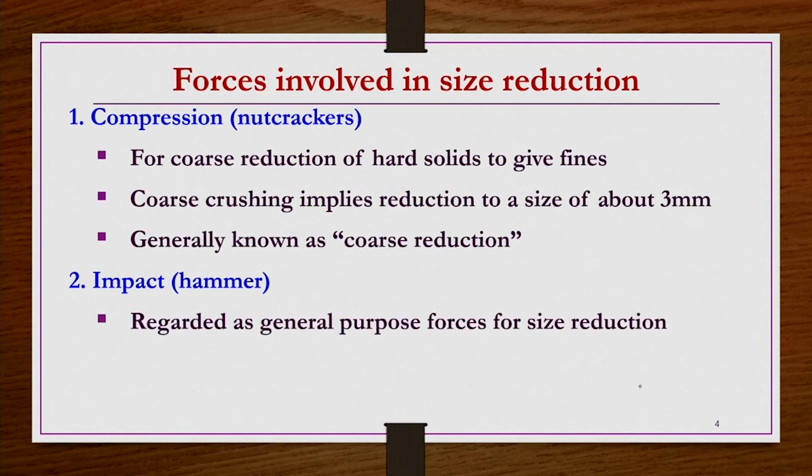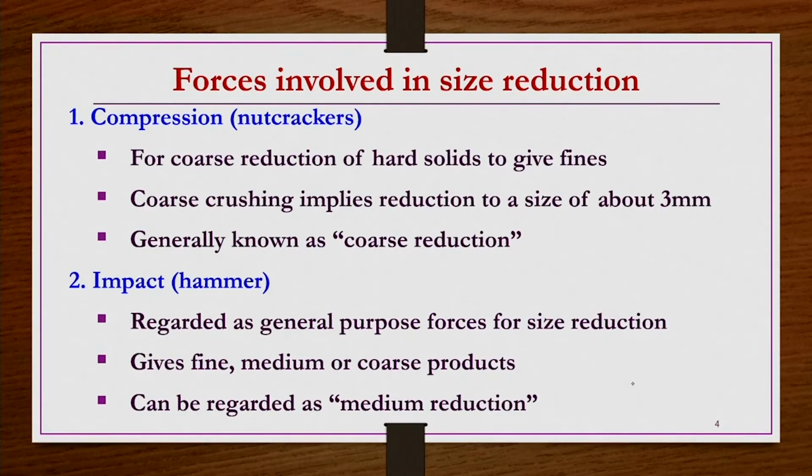Here they are regarded as general purpose forces for size reduction. They produce coarse, medium and fine, all of them in general. However, in this one, by hammering, the size reduced solids you get have the majority of the fraction as medium fraction.